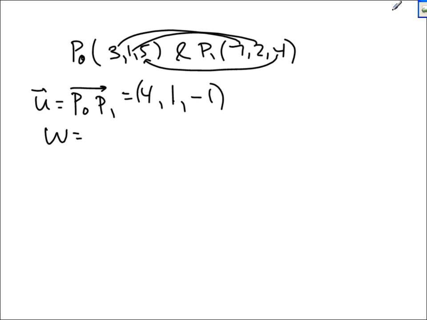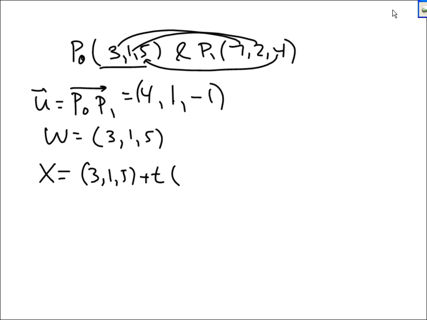W will be, say, (3, 1, 5). So the line is W plus T times U, (4, 1, -1). This is the equation of the line.